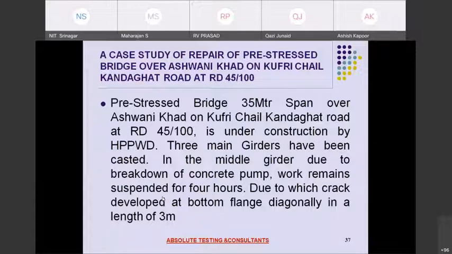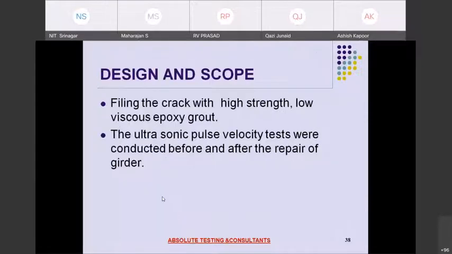Because whenever there is concreting, it should be done in a continuous manner. If there is any lag or the work is suspended for 4 to 5 hours, there are chances of formation of a cold joint. Exactly this happened over there, and after the stressing of the first stage, the diagonal cracks developed.